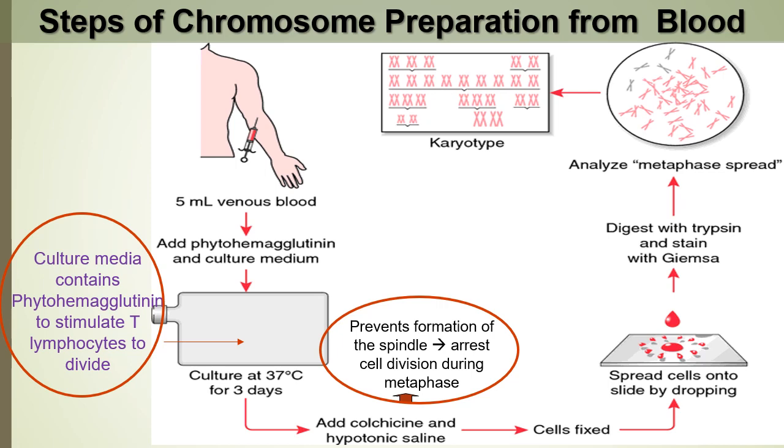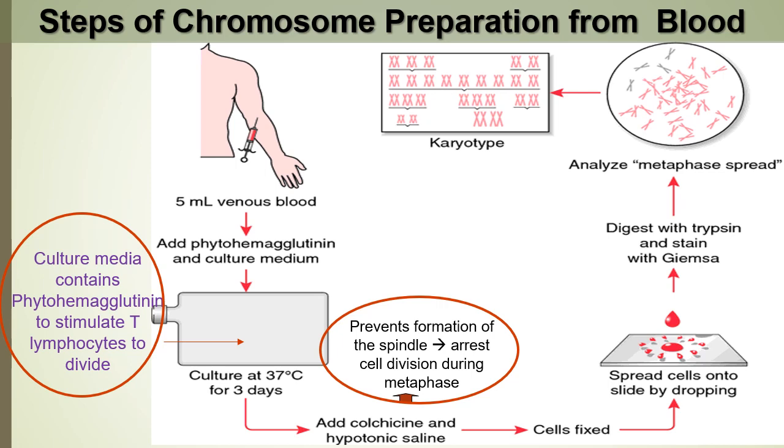Now they are allowed to culture at 37 degrees Celsius for 3 days. After 3 days, colchicine is added to the culture media, which prevents formation of the spindle apparatus and arrests the cell division during metaphase. In the medium, along with colchicine, hypotonic saline is also added, which fixes the cells.